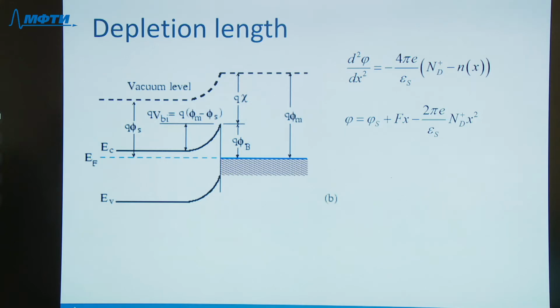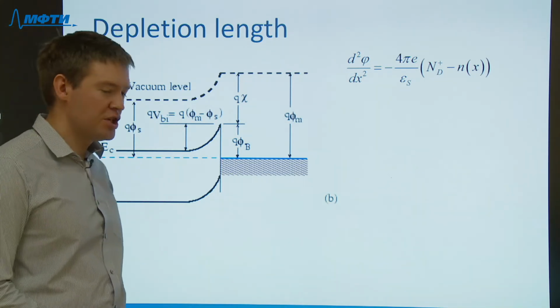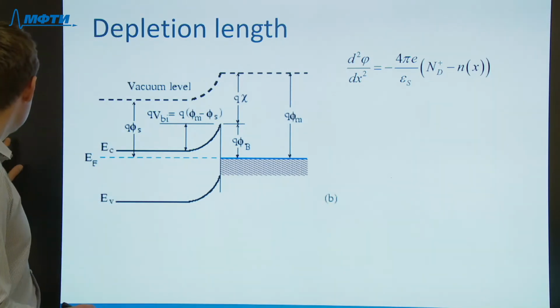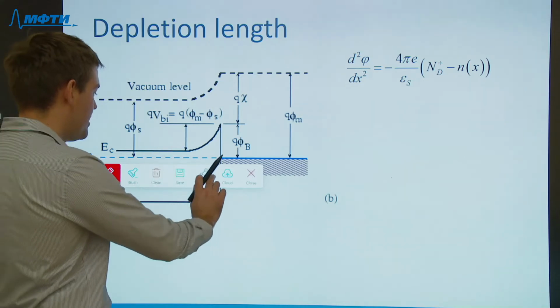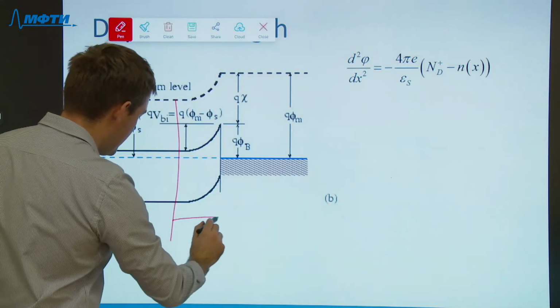So the typical approximation is called the full depletion approximation. Full depletion approximation means that there is some region in the vicinity of the boundary.